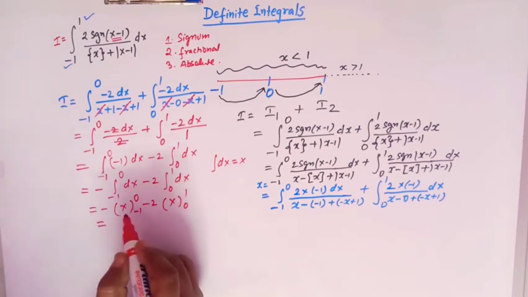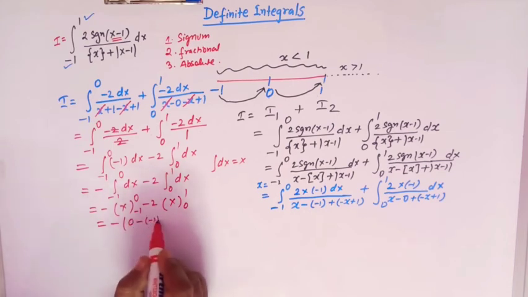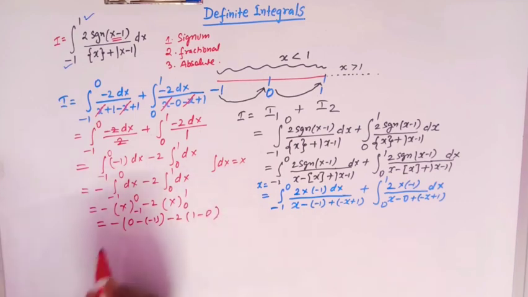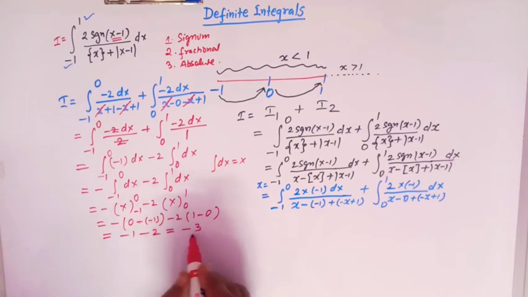So now we can substitute the limits. So now we have 0 minus -1, and here we have 1 minus 0, right? So this is minus minus plus, so we have -1 here, and here we have -2, so this is -3, right?